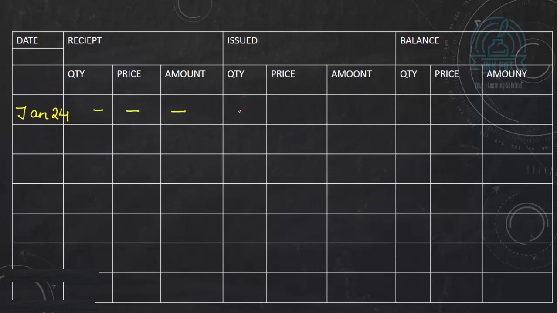Now we have issued 10 units. The price is 4.1, which is 41, and we are left with 30 units. We had 40 units out of which we have issued 10 units. So we are left with 30 units at the rate of 4.1. The amount is 30 into 4.1, which is 123.